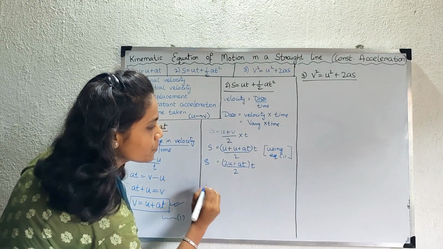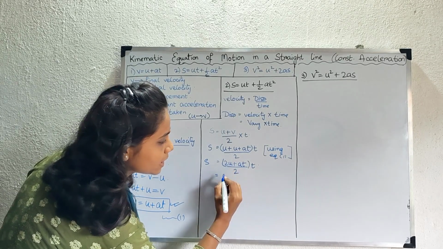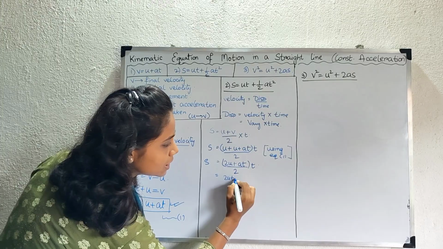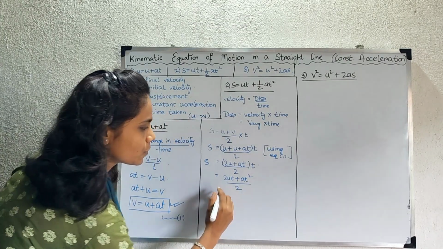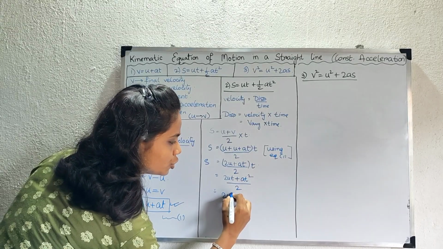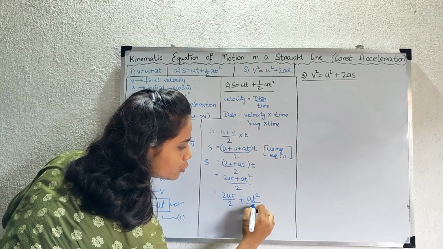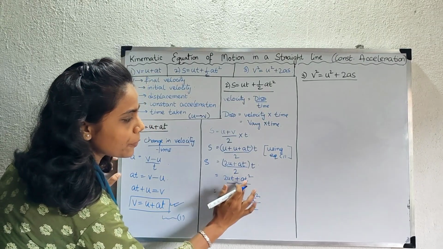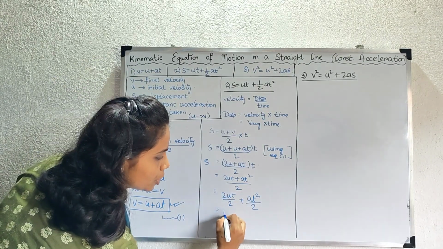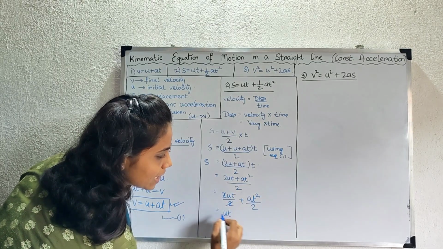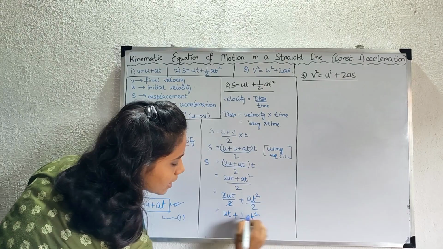This is S. Again this t will be multiplied to both 2u and at, that is 2ut plus at square divided by 2, or 2ut by 2 plus at square by 2. We have written the denominator separately below both the numerators. So it will be ut, the 2 will be cancelled, ut plus half at square.